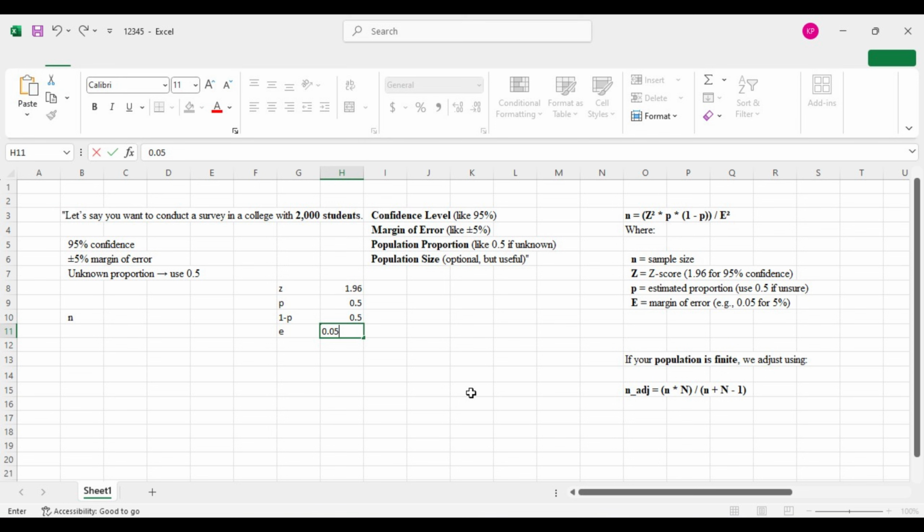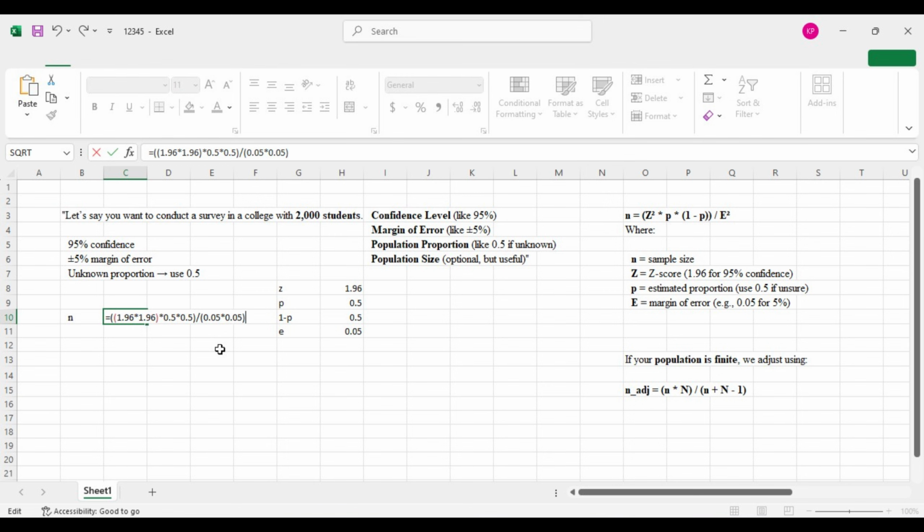Okay, let's put it into the formula. n is equal to, in the bracket, z squared means 1.96 into 1.96, big bracket, multiplied by p, which is 0.5, multiplied by 1 minus p, which is 0.5, enclosed bracket, divided by e squared, where e is 0.05, so in the bracket 0.05 multiplied by 0.05, enclosed bracket.